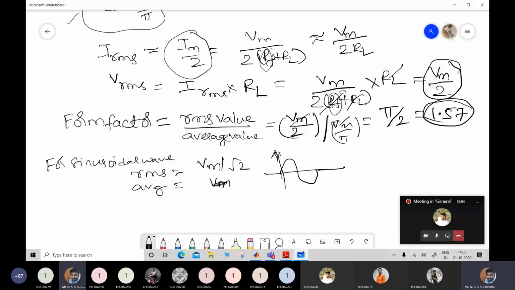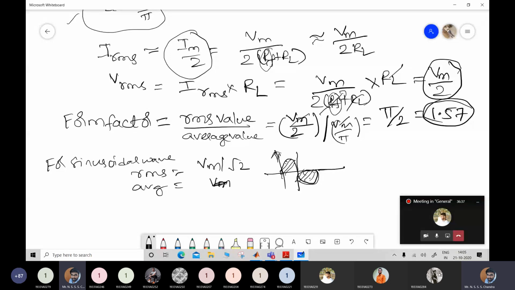In true terms, your average value over a full cycle should be equal to 0, since the positive and negative half cycle areas cancel. However, for a pure sinusoidal signal, or any symmetrical wave, we only find the average value over the first half cycle, the positive half cycle.